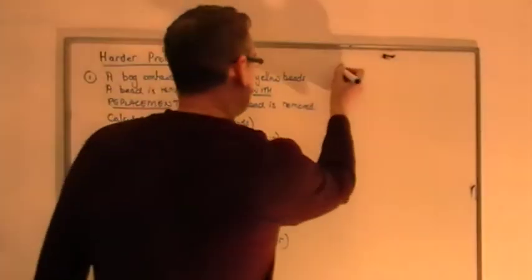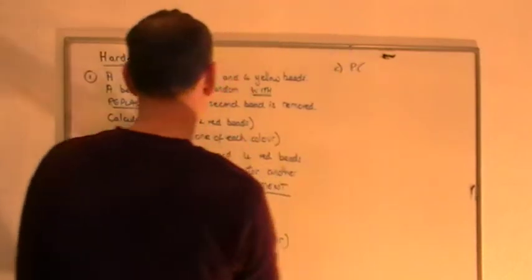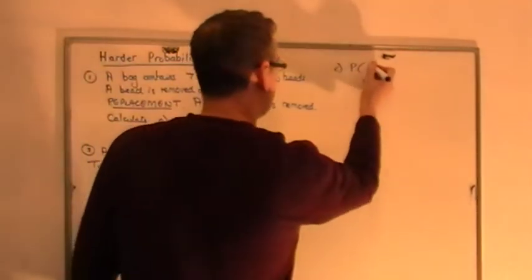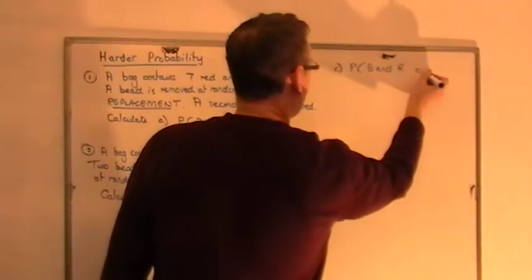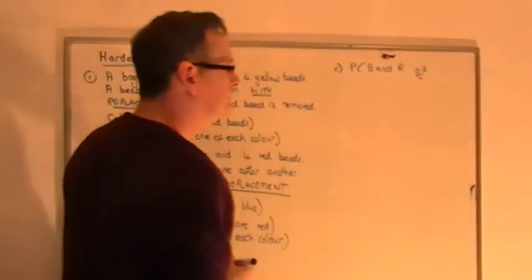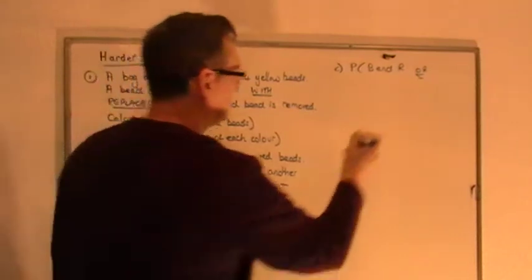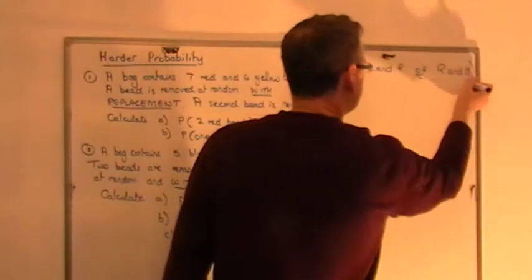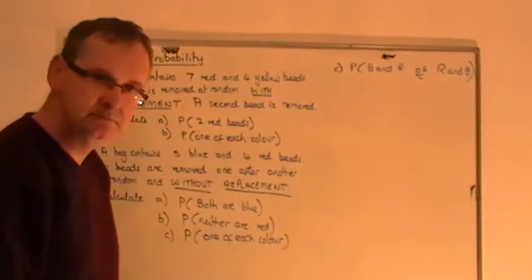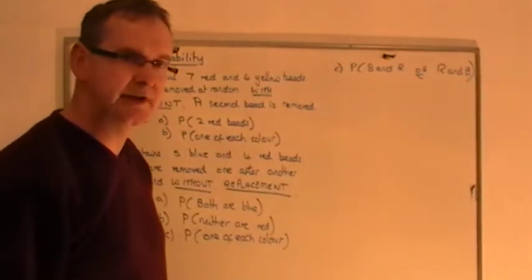So the probability of one of each colour. You can either get a blue and then a red, or there's the alternative, you can get a red on the first go and a blue on the second go. There's 2 options, blue and red, or red and blue, and they're not the same thing.